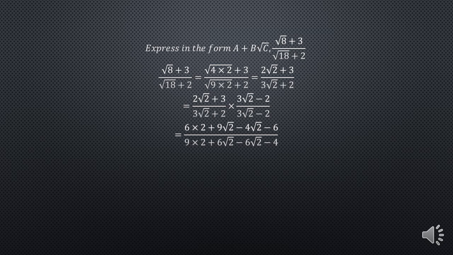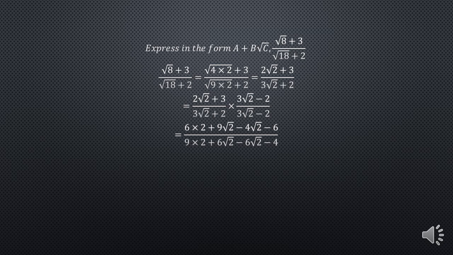So we'd have 6 times 2, because root 2 squared is 2. Then we have 3 root 2 times 3, which is 9 root 2. Then negative 2 times 2 root 2, negative 4 root 2, negative 2 times 3, negative 6.